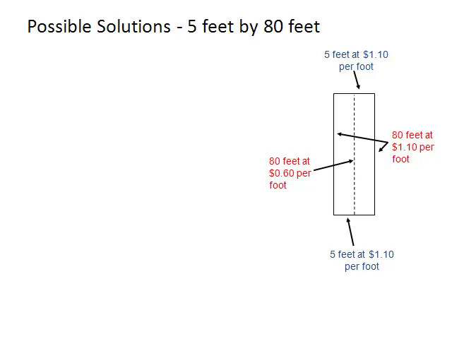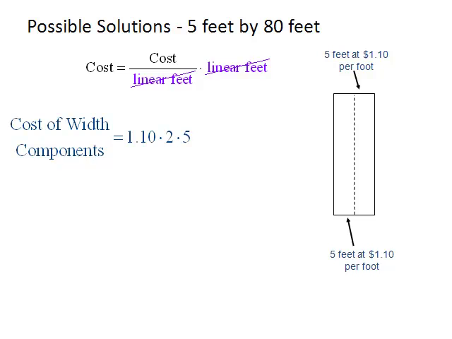The key is to make a diagram of this enclosure with each section of the fence labeled with its length and cost per length. This is useful since it helps us to see that the cost is obtained by multiplying the cost per linear foot times the number of linear feet. The cost of the width components is 1.10 times 2 times 5.